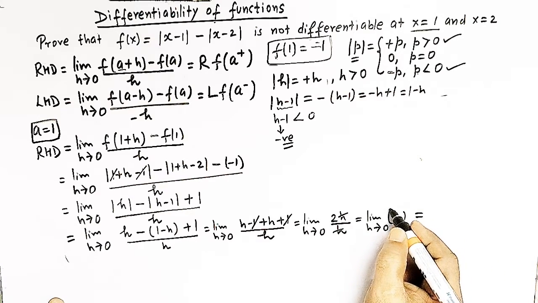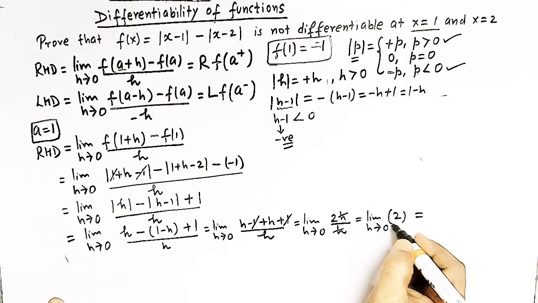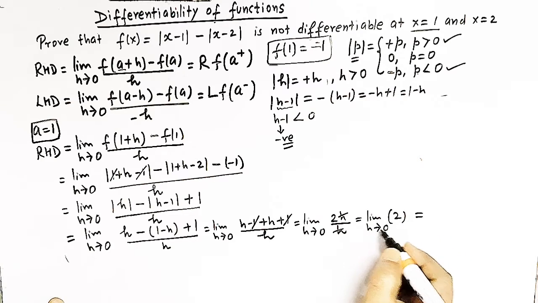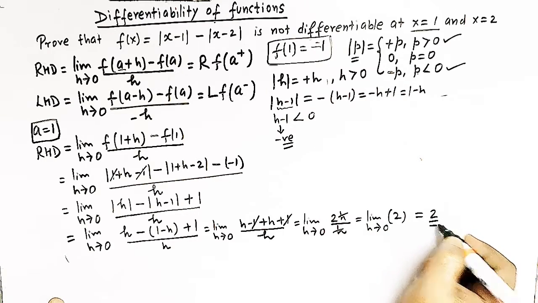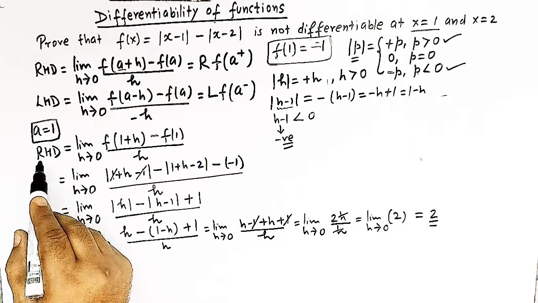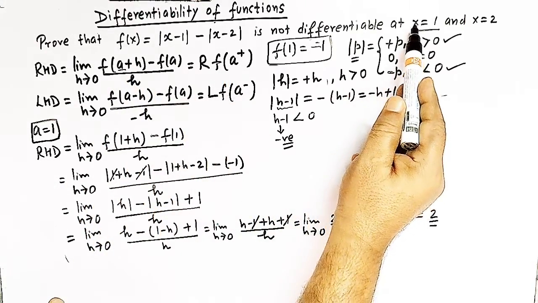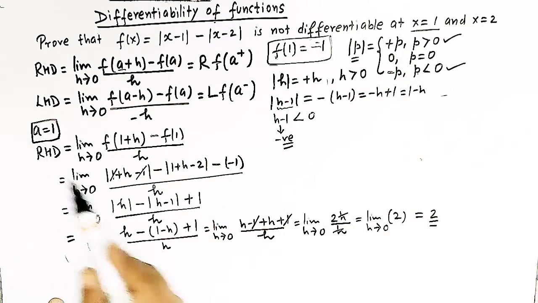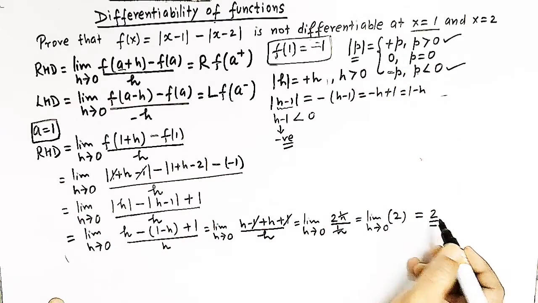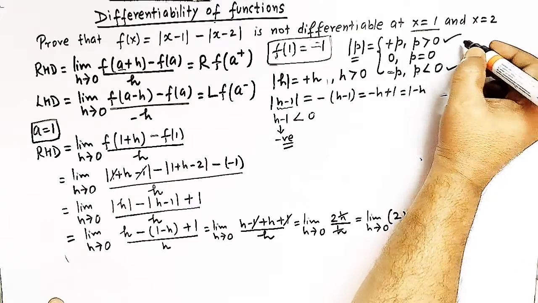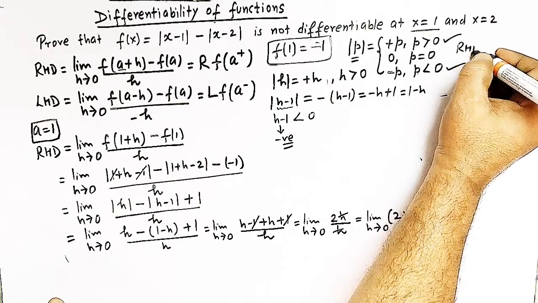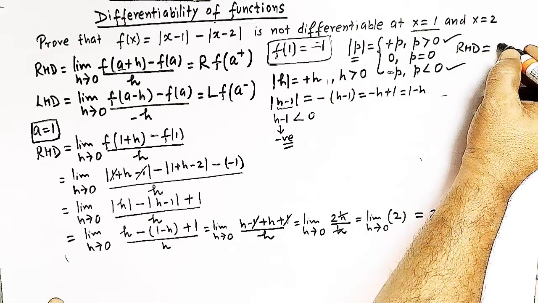And now this expression is independent of h, so the limit is simply 2, right? So the right hand derivative of this function at x is equal to 1, or a is equal to 1, is given by 2. So here we write the right hand derivative equal to 2.